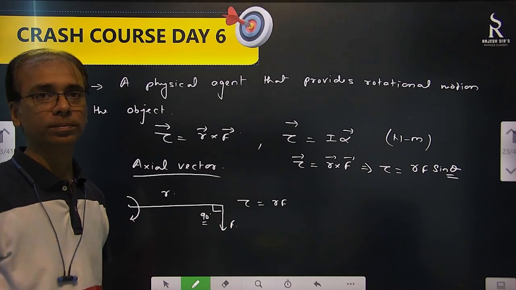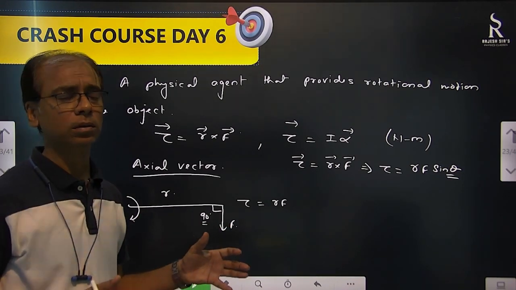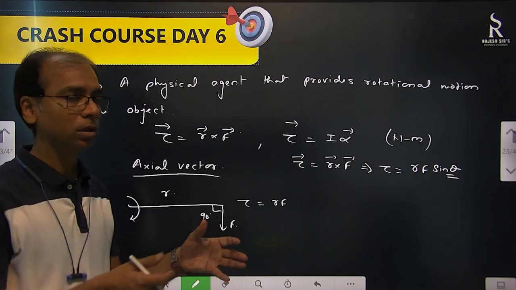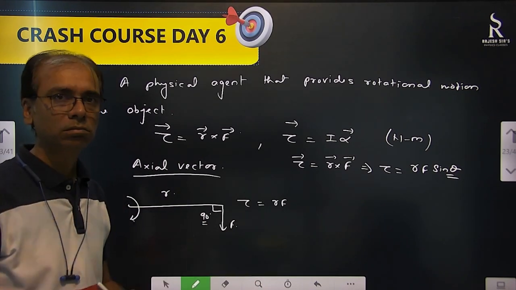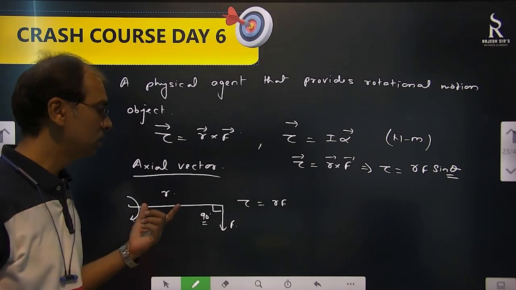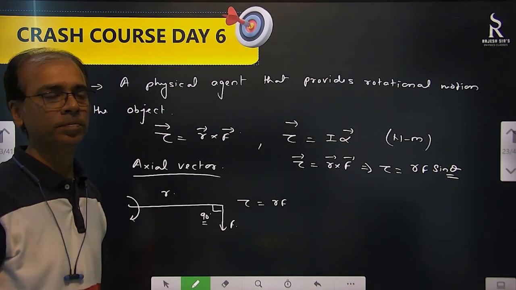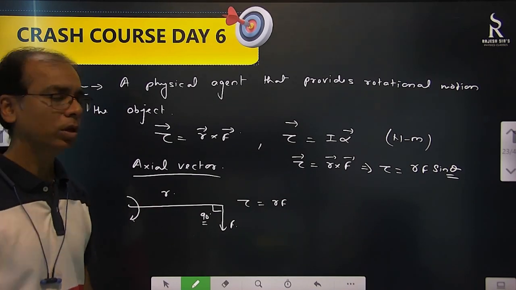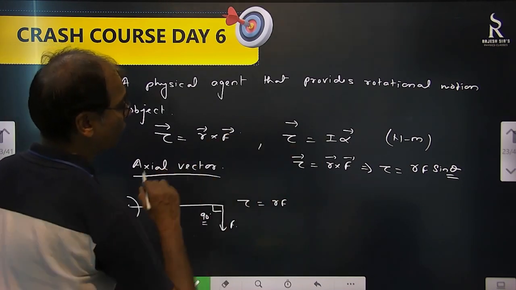Mechanics do it whenever they have to open the tire of a truck. They take a very long spanner so that they can increase the torque value, because force is limited. They can apply mg only at maximum. So they increase this so that they can open these screws very easily. So torque is equal to R cross F. Fine. Torque is also equal to I alpha.